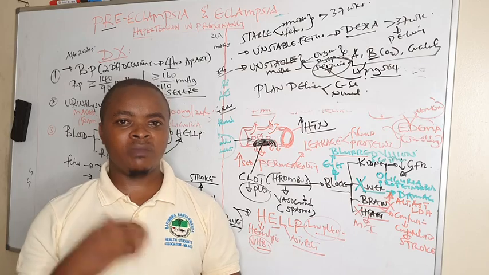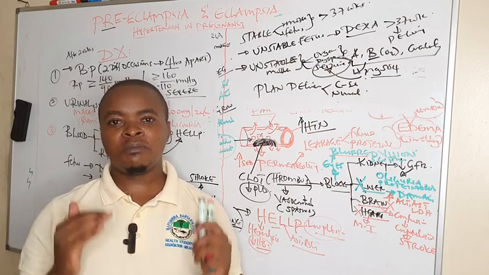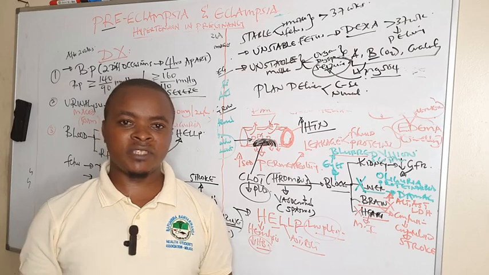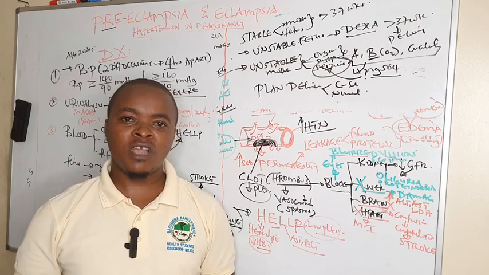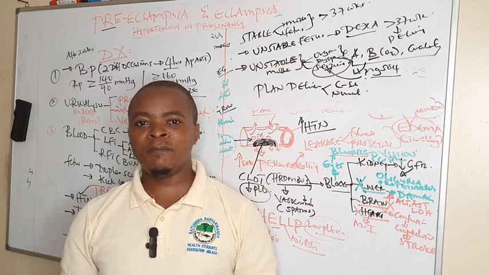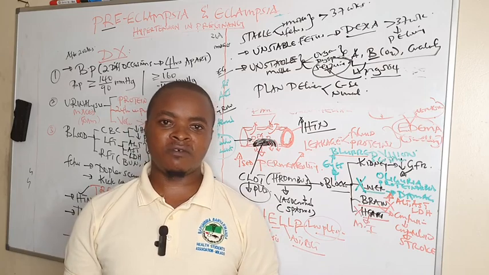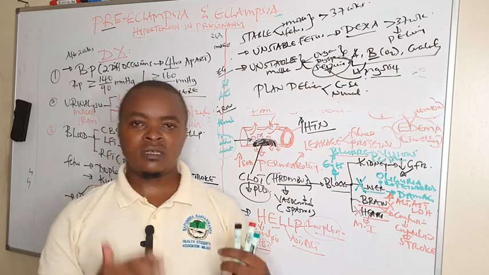Avoiding too much salt is also another way of preventing preeclampsia. And in case you have multiple fetuses, you are having twins, always monitor the baby's kicks. You can always sit down and count the kicks of the baby. They should be not less than 5 in an hour. Always count the kicks of the baby, and we also do the ultrasound scan to see the condition of the baby.